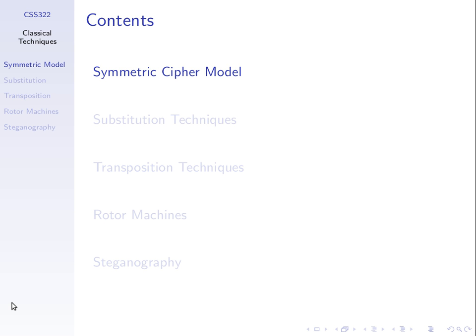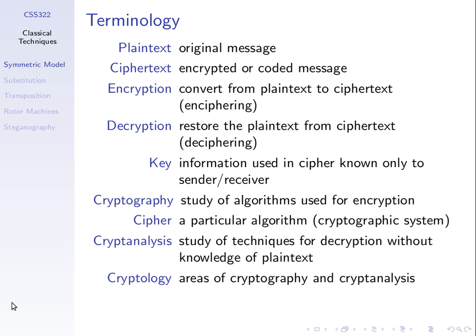But first, let's look at what we mean by encryption and another model for how we apply encryption. Some terminology. We saw in the second to last slide that we have some model where we send a message from source to destination. But in fact, we transform that message into a secure message.